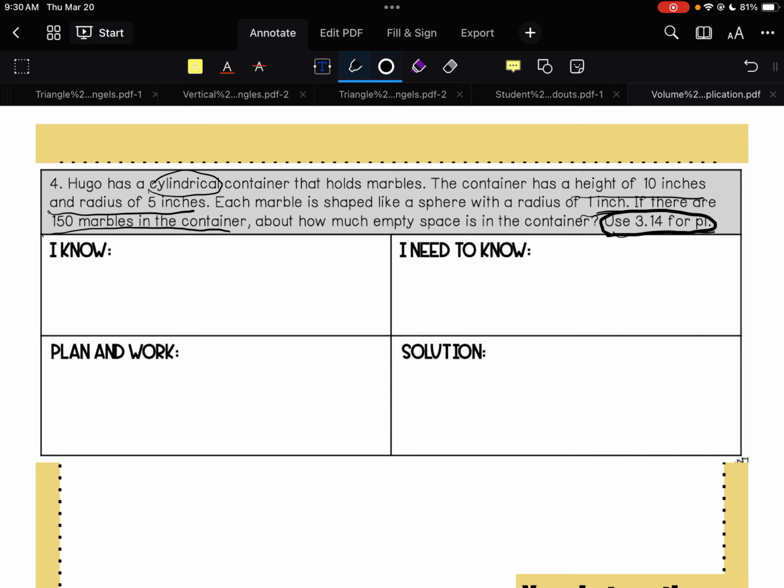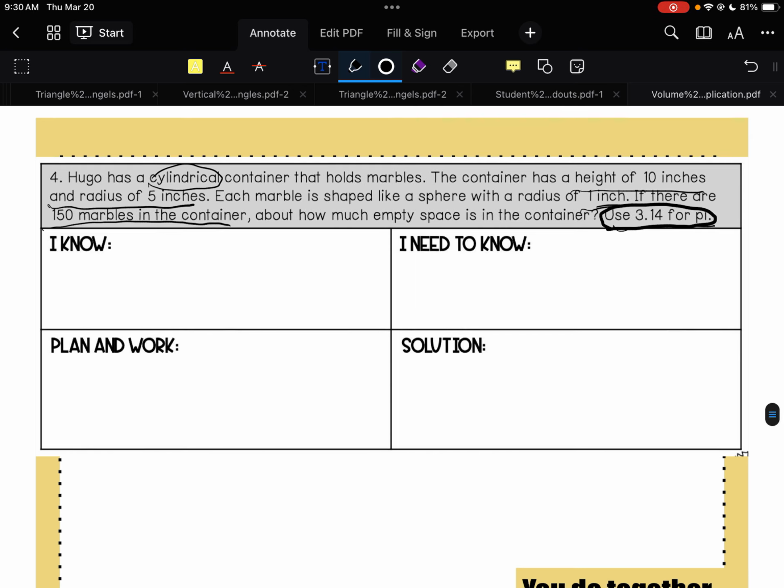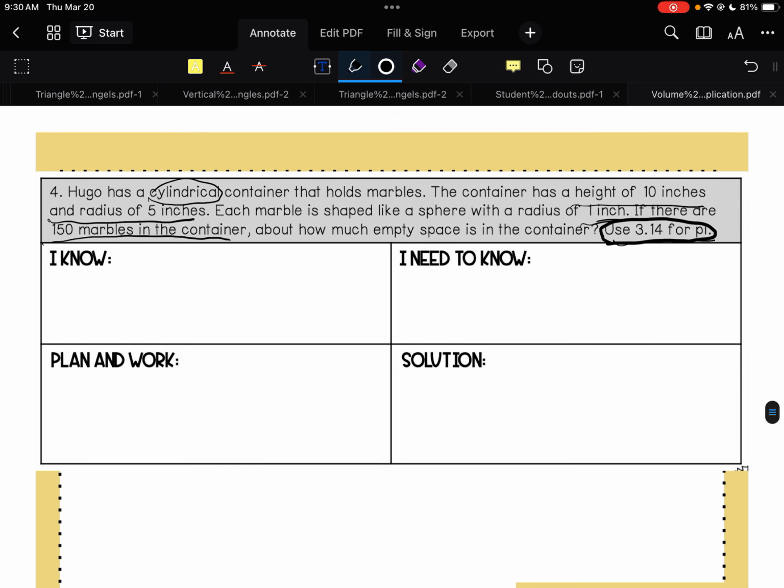So we know that the volume of a cylinder is V equals pi r squared times the height, and the volume of a sphere is V equals 4/3 pi r cubed.